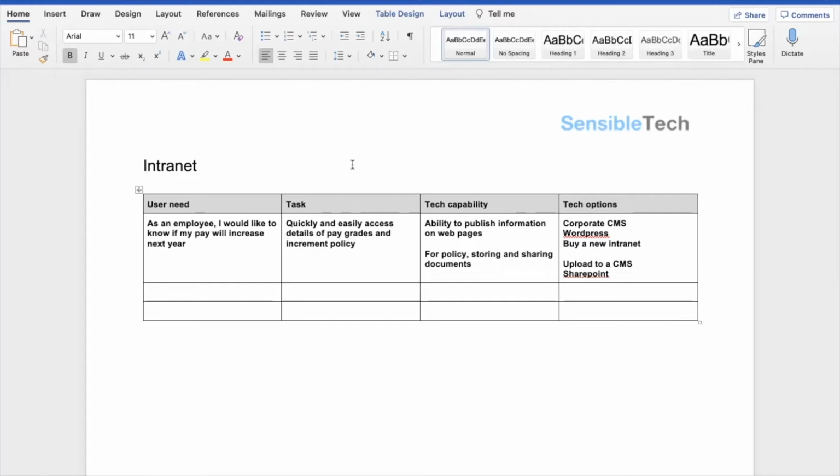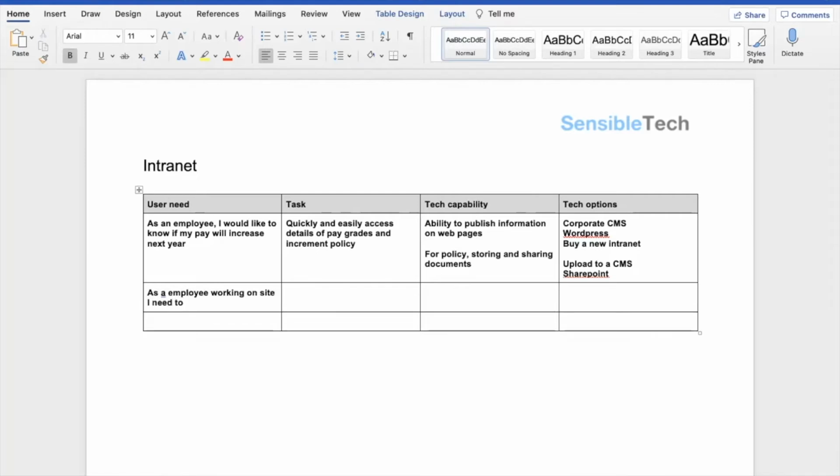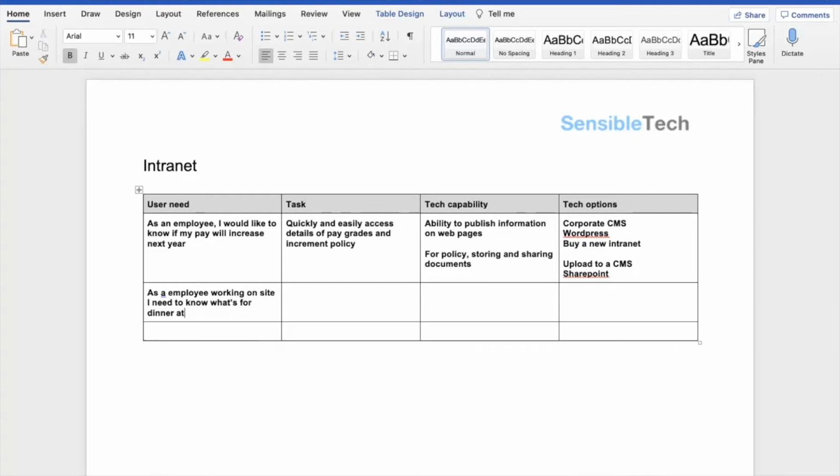So let's choose another quick one. As an employee working on site, I need to know what's for dinner at the canteen, just as an example.